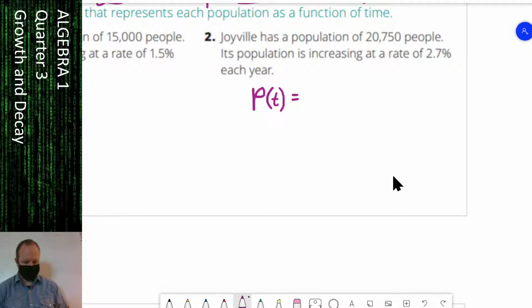Let's see here. Yeah, let's go ahead and plug in our starting point. What is our starting point? That's the only real number of people that it gives you, right? 20,750 people. And then we are going to multiply it by something.